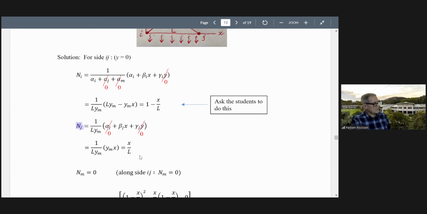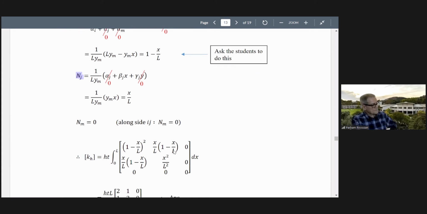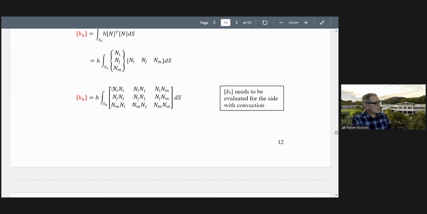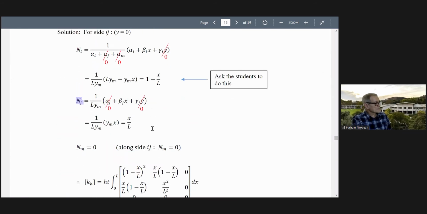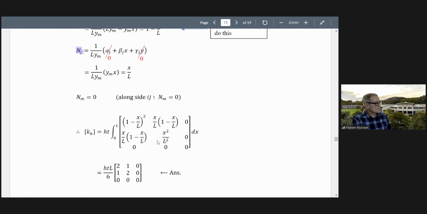So it would be x over L, and Nm would be 0. So if this is the case, this is Ni, Nj, Nm. Plug it back into Ni, Nj, Nm here. This is Ni, Ni. Ni is this, so this would be this to the power 2, and this one.